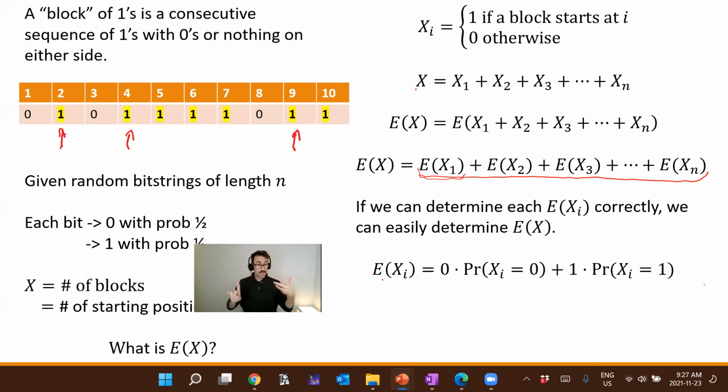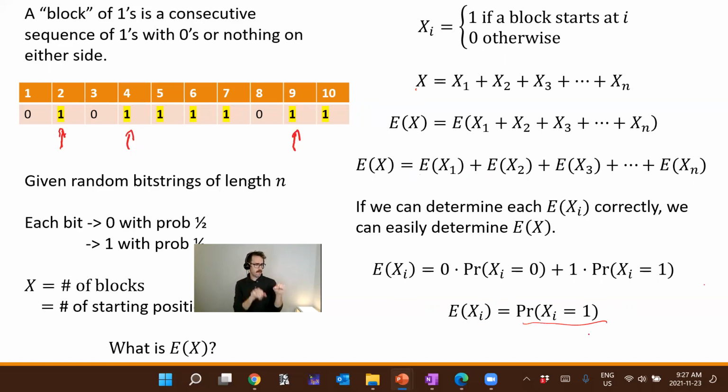So I want the expected value of xi is equal to 0 times the probability that xi is equal to 0, or 1 times the probability that xi is equal to 1. So then that, of course, simplifies to the expected value of xi is equal to the probability that xi is equal to 1. So what is this probability? If we can determine that correctly, then this will be easy to calculate.